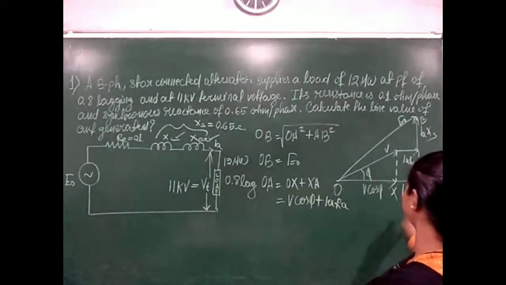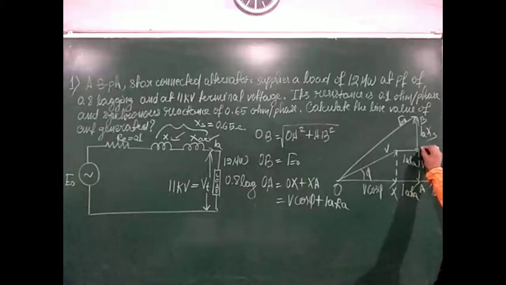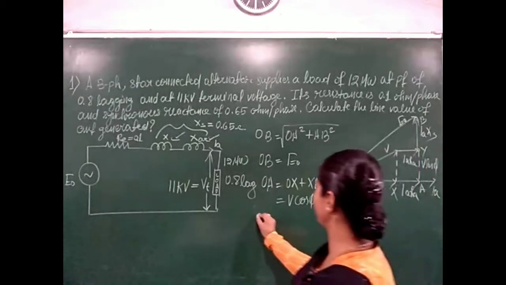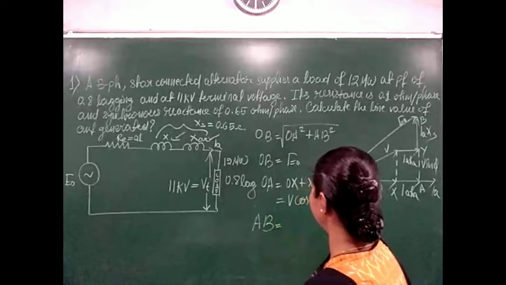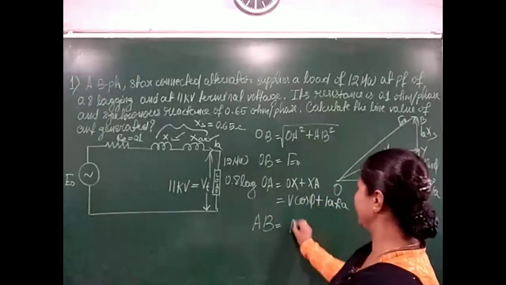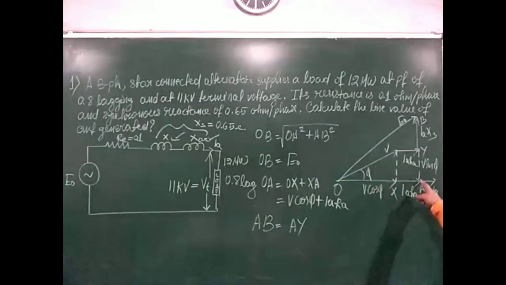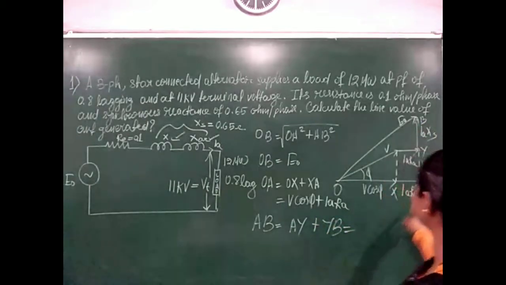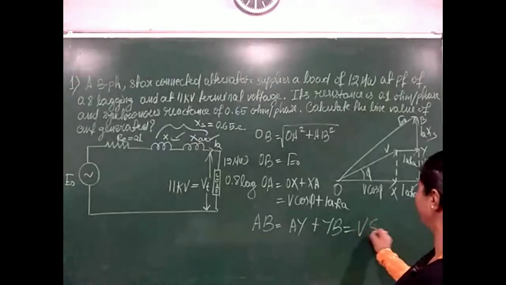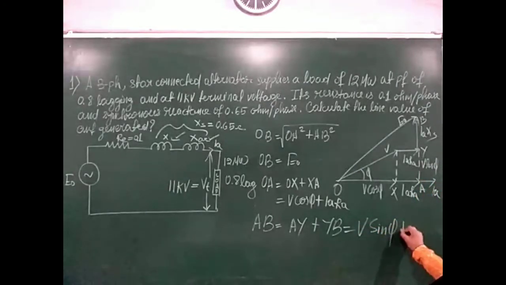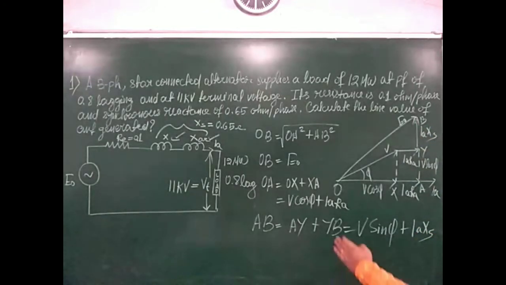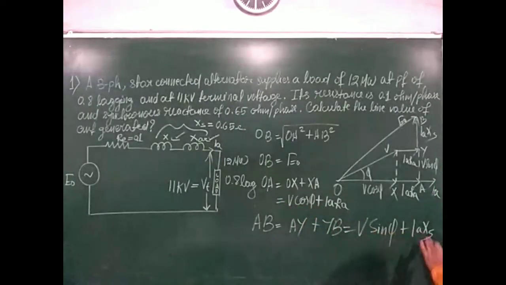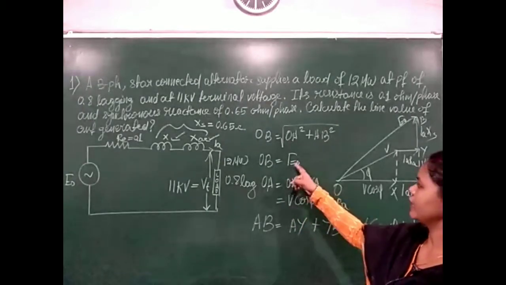And what is AB? Suppose this point is Y. So AB is equal to AY plus YB. What is AY? It is V sin phi plus Ia into Xs. Here, after getting these parameters, you are able to calculate E0.